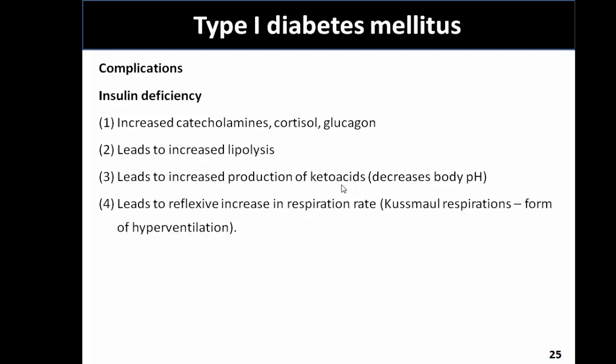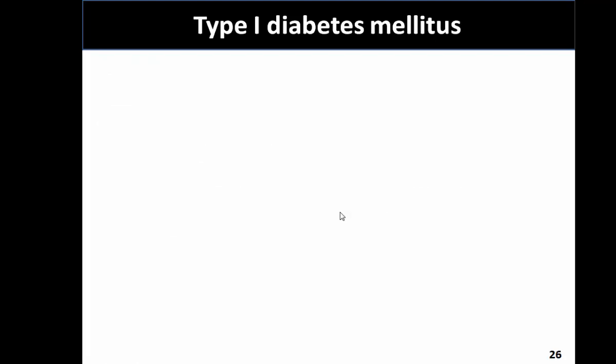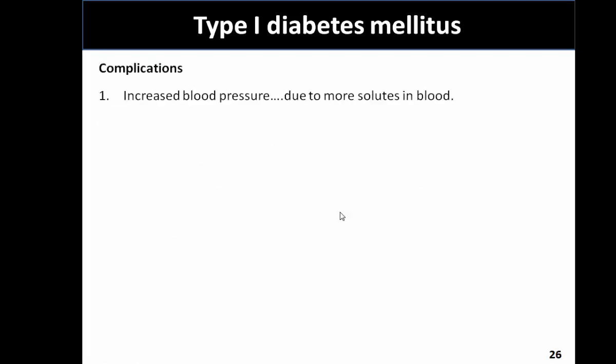These are very acidic compounds that have the effect of decreasing body pH, which will lead to number 4, a reflex increase in breathing rate, referred to as Kussmaul respirations. And that results in a form of hyperventilation. So those are the overall complications related to type 1 diabetes mellitus and hyperglycemia.